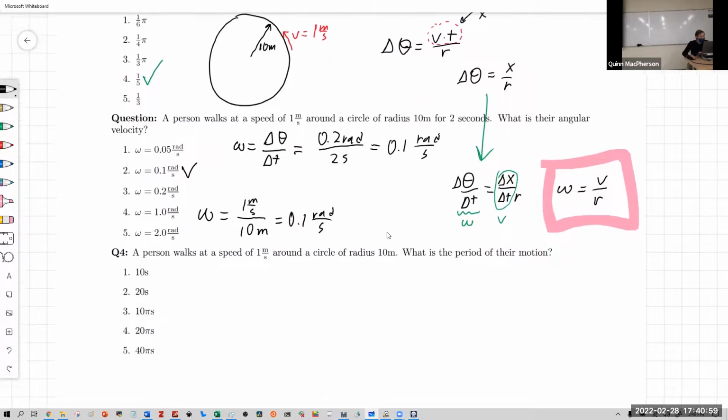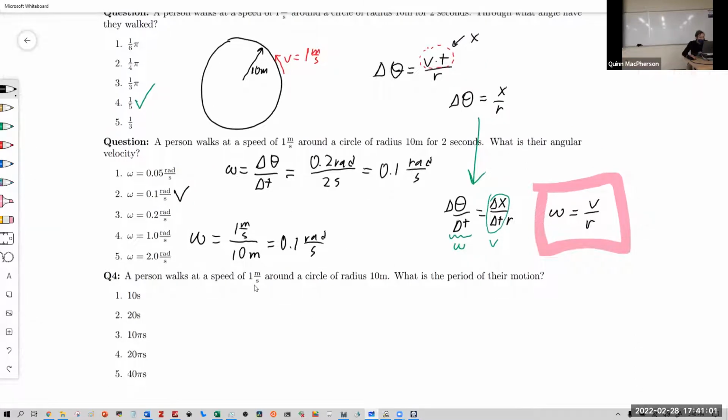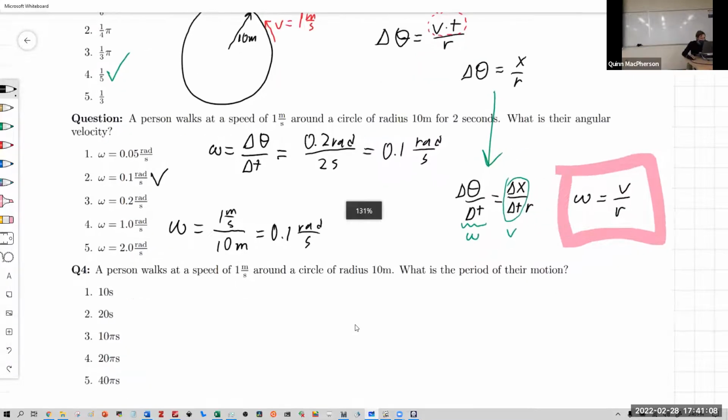Let's do another one. A person walks at a speed of 1 meter per second around a circle of radius 10 meters. What is the period of their motion? AKA, how long does it take them to get around?